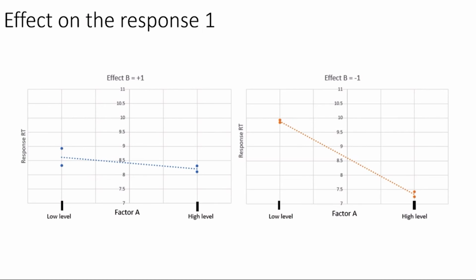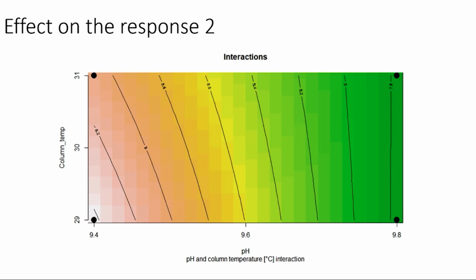Another way to look at this might be with these contour plots. Here we plotted two different factors against each other, namely the column temperature and the pH value. But before we go deeper into this, I would like to explain those black dots around, which are representative for our design region that we have used. So all our robustness evaluations are only valid in these regions.